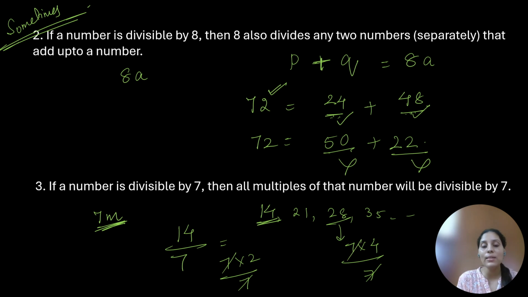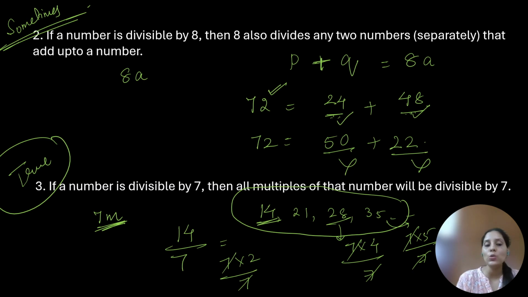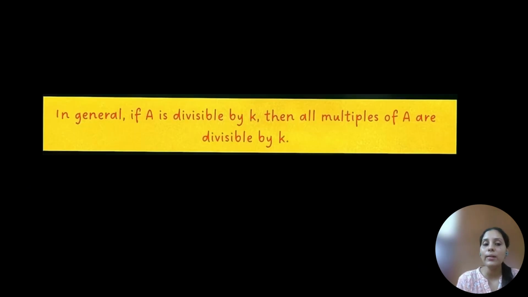Is it divisible by 7? Yes, it is. 35 is 7 into 5. Is it divisible by 7? Yes, it is. So all these multiples have 7 in them, so that 7 and the denominator 7 can be cancelled. So this statement is always true. What is this statement?